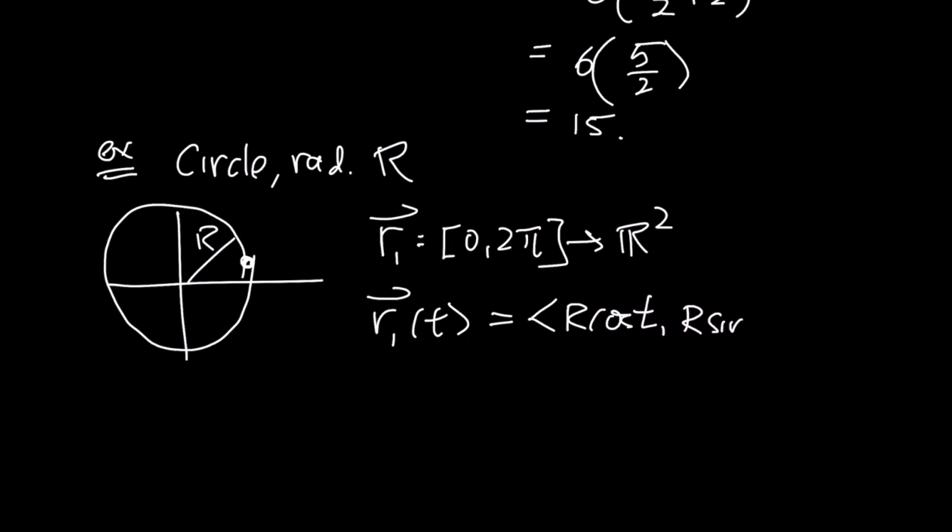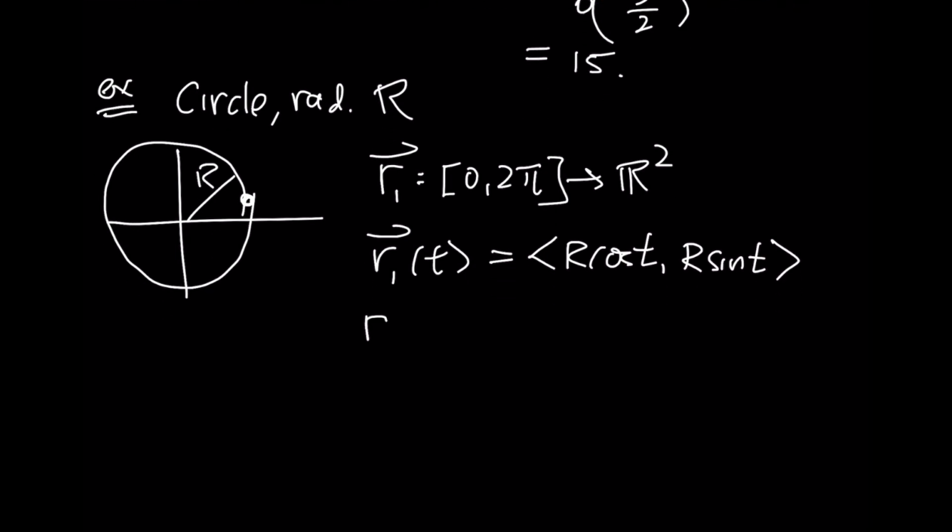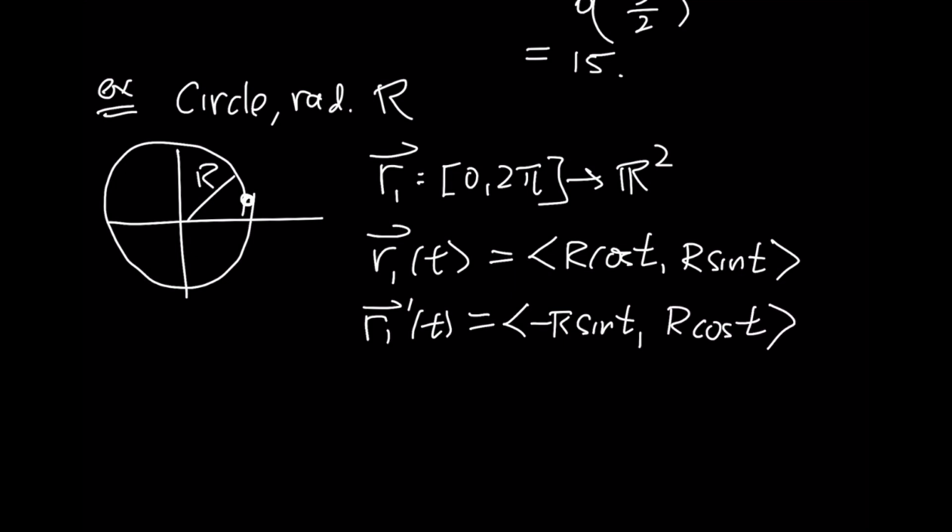The derivative of this path is going to be negative r sine t, r cos t, and you can see for yourself that each component of the derivative exists. Each component is continuous, and note r1 prime will never equal the 0 vector because the spots where sine is equal to 0 are not the same as the spots where cosine is equal to 0. So it's impossible for you to get both of them equal to 0 together.